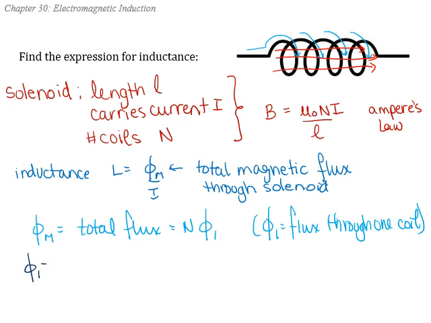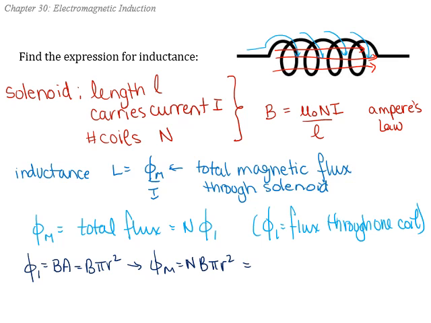Flux through a single coil is going to be B times the area. The B and the area are parallel, so B dot A is going to be B times A times cosine 0, which equals B times A. So B times pi r squared. The flux through any one coil will be B times pi r squared. The flux through all of the coils will be N times that value.